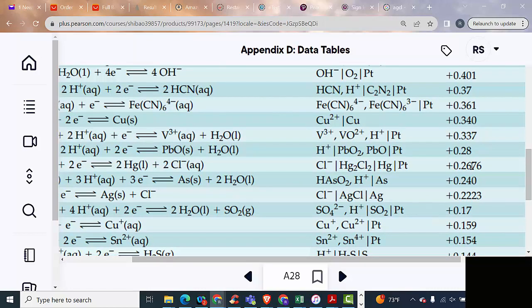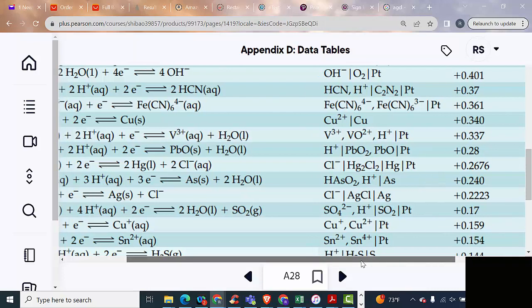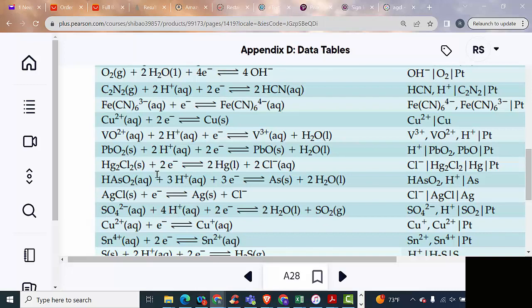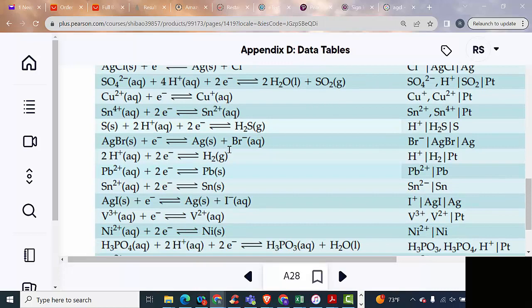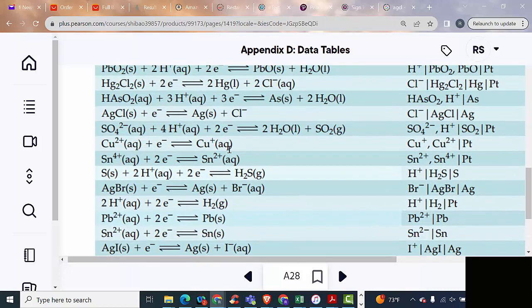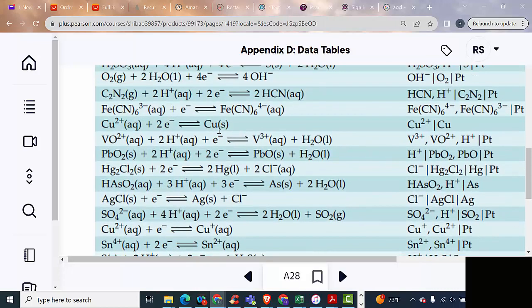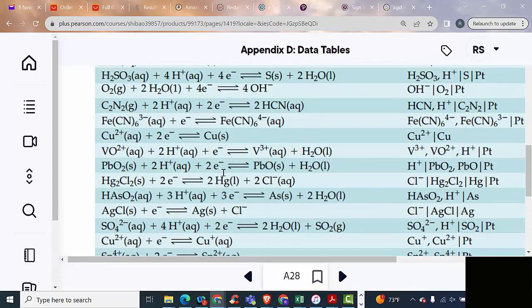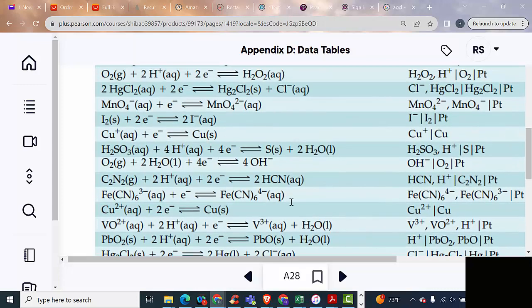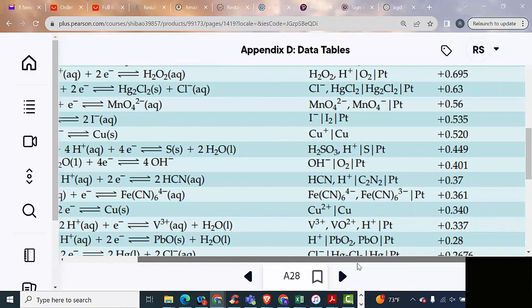So let's do that. 0.159 plus, that's copper 1 going to copper 2, and then we want copper metal going to copper 1. And so where was that? Here it is. No, that's not it. Copper, here it is. Right about there. 0.52. And so that gives me 0.679 volts.